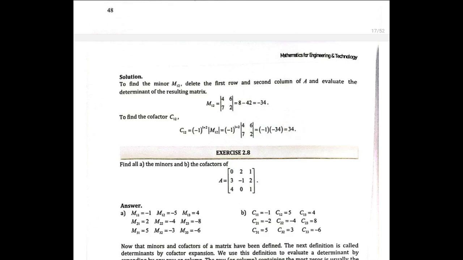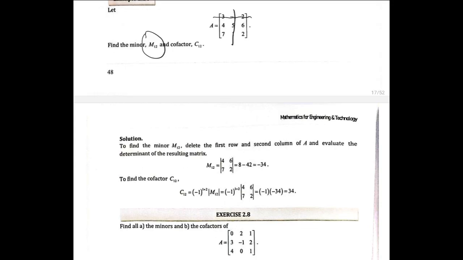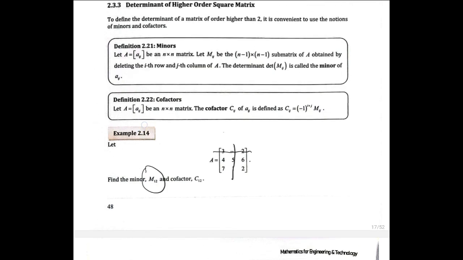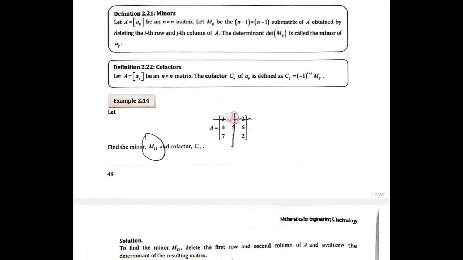So that is the calculation for one minor with its cofactor. So this is for M12 and C12 related to this element. Proceed with other elements, do the same thing. If it is M11, you're going to eliminate row 1 and column 1.